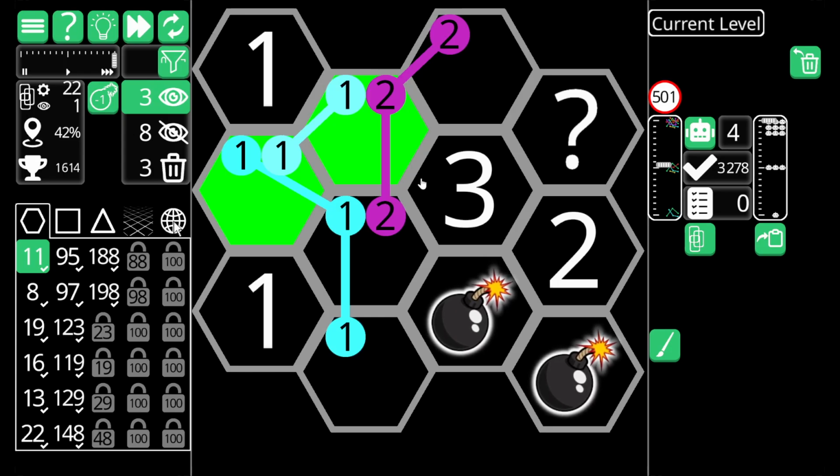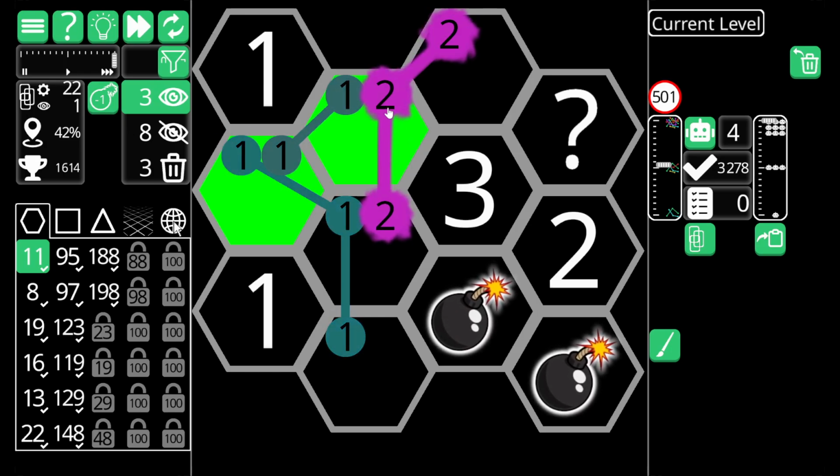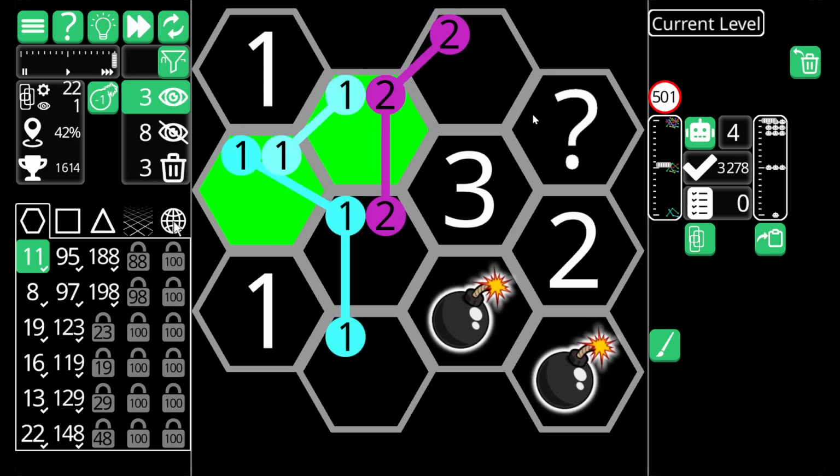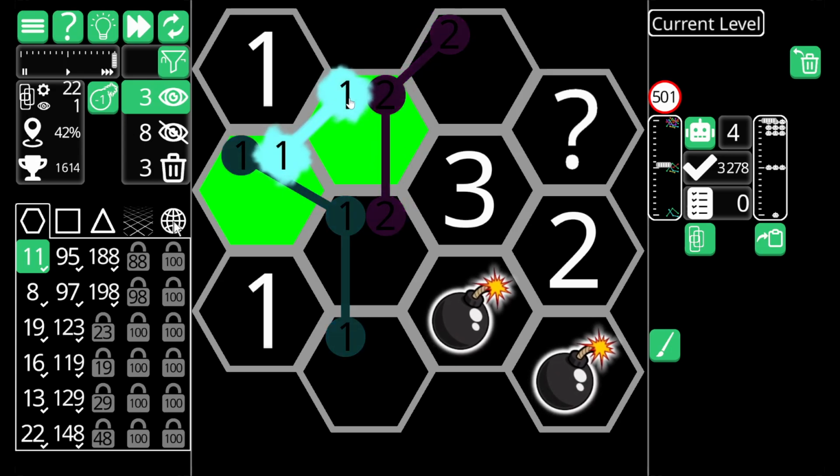Well, that's impossible. Of course, you must mark one of them. You can't mark... Wait. Yeah. You can't mark this one, because then both of these squares of the 2 would be forbidden. So you have to mark this one instead.